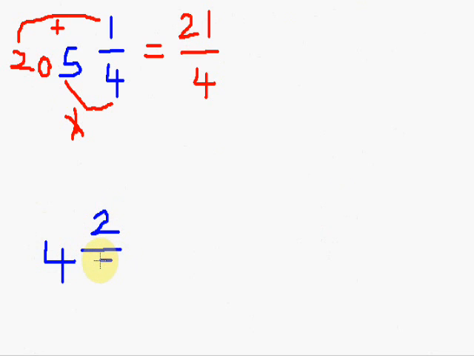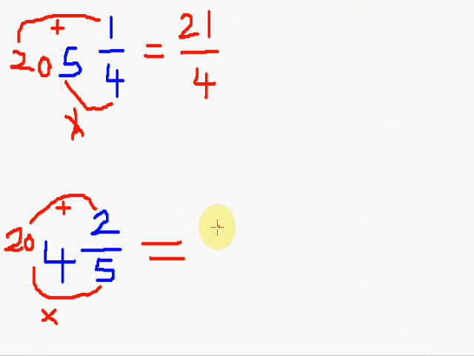We have 4 2/5. Okay. Again, to solve this, we simply multiply the whole number by the denominator. 4 5s are 20. And we're going to add the 2. So 20 add 2 is 22. So our answer, you guessed it right, is 22 on 5.